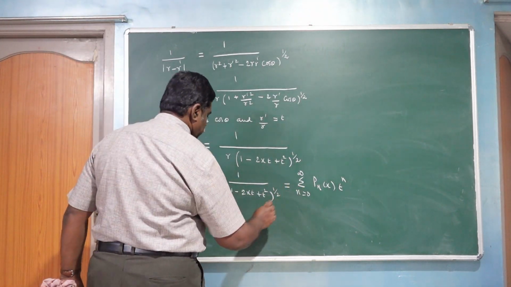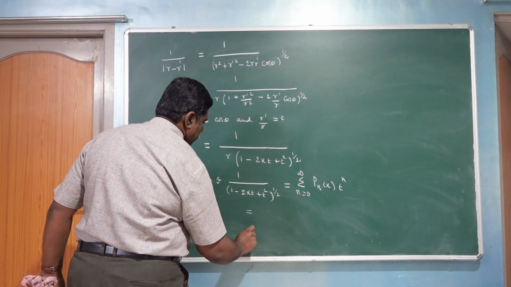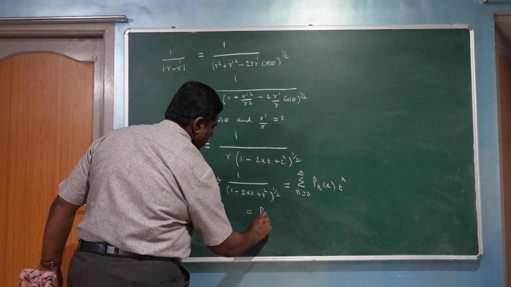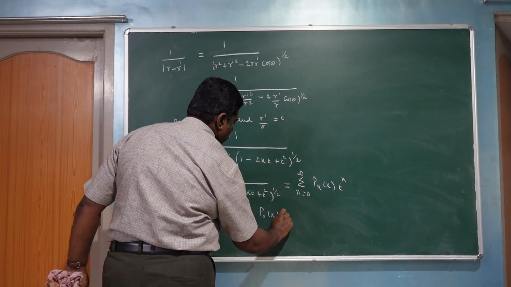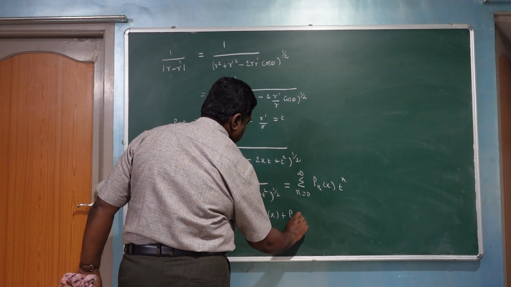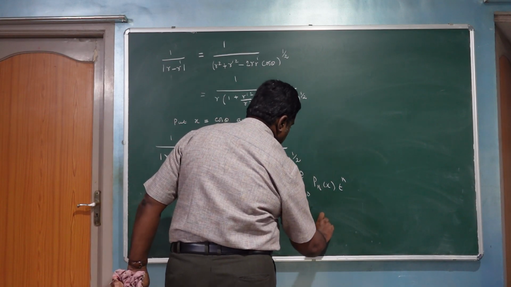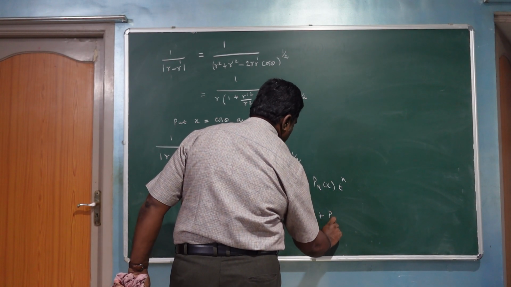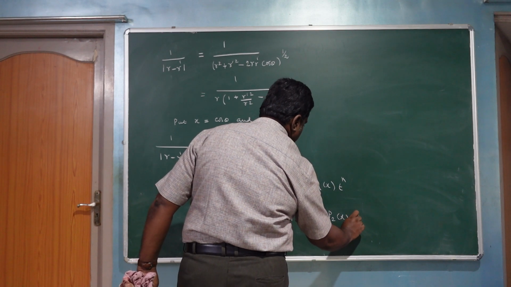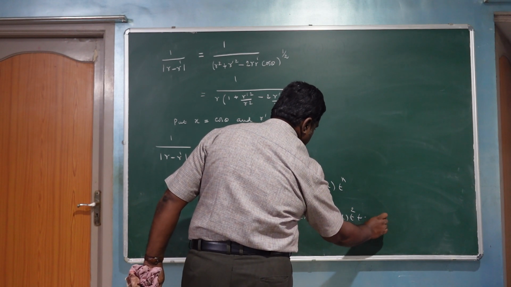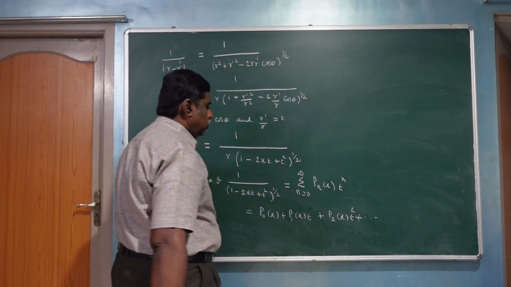If you put n equal to 0, we get P0 of x. If you put n equal to 1, we get P1 of x into t. Then n equal to 2 provides P2 of x, t square, and the series is continued.